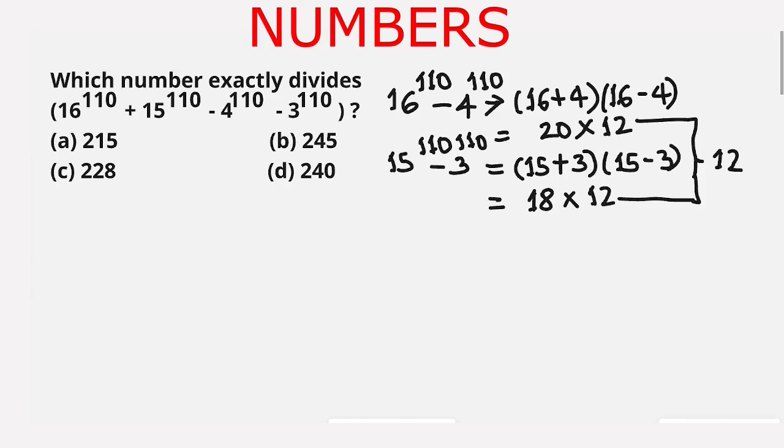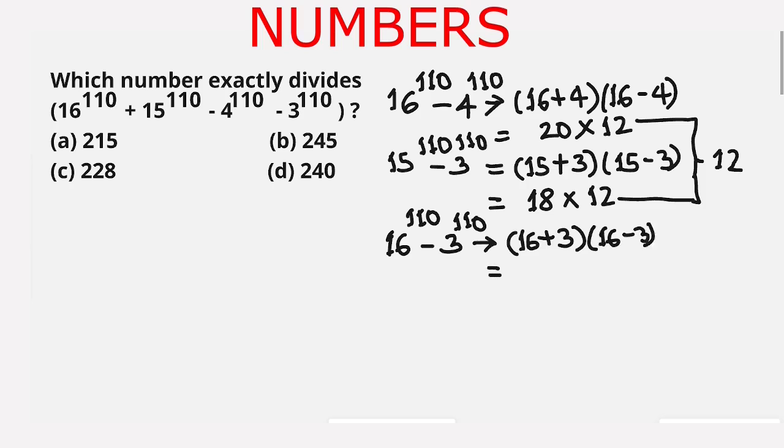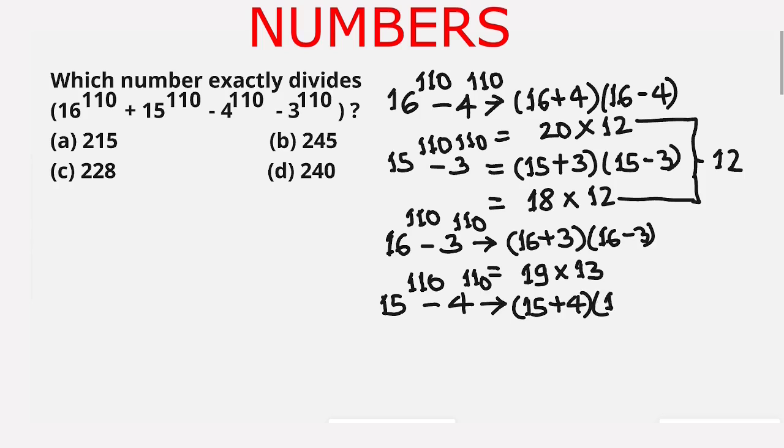Now we change the pairs like this: 16 to the power 110 minus 3 to the power 110, and this has factors 16 plus 3 into 16 minus 3, and this is equal to 19 multiplied by 13, and 15 to the power 110 minus 4 to the power 110, and this has factors 15 plus 4 and 15 minus 4.